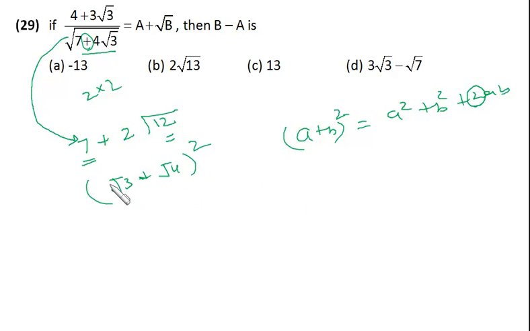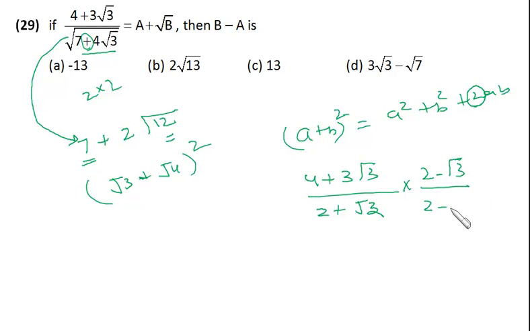Okay, and root 3 plus root 4 is what? Root 3 plus 2. So it is 4 plus root 3 upon 2 plus root 3. Okay. Now we want to have the value of a and b first of all, right? We have to in fact eliminate the square root from the denominator. So what we can do, we can rationalize it. Okay, so here it is 4 minus 3, 1.